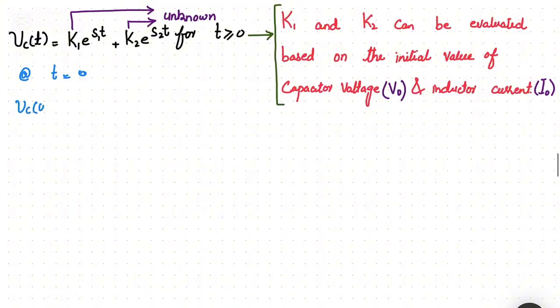When we evaluate this equation at t is equal to 0, it becomes Vc at 0, which is the initial value of capacitor voltage. We can also write this value as V0. This is equal to k1 e raised to power s1t, as t is inserted as 0, therefore e raised to power 0 is 1. So this is k1 plus k2, as e raised to power 0 is 1. Therefore we got an equation, let's call it equation A.